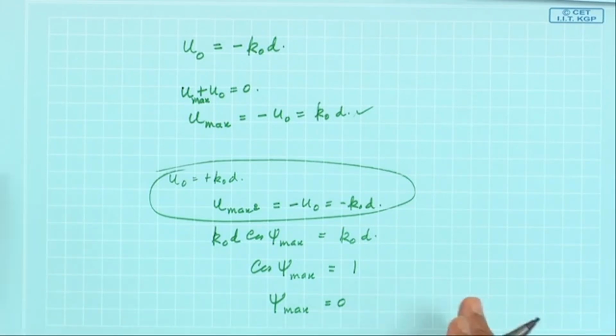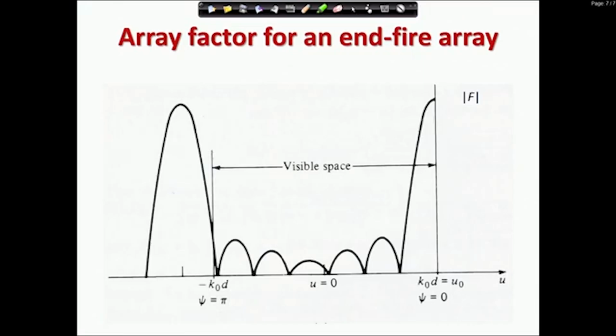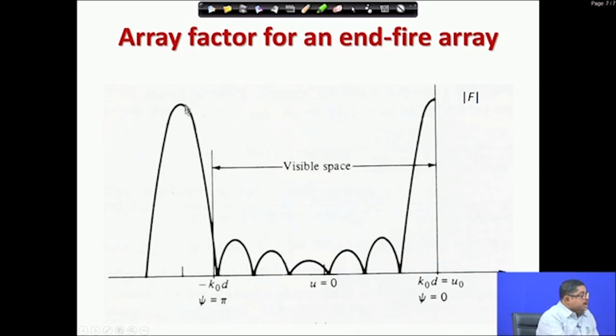So, this thing you can see, the array factor. Now, you see that the main lobe is at the extreme of the visible space. So, there is a high chance that the next one, the grating lobe, can enter here, because this is already at the end.